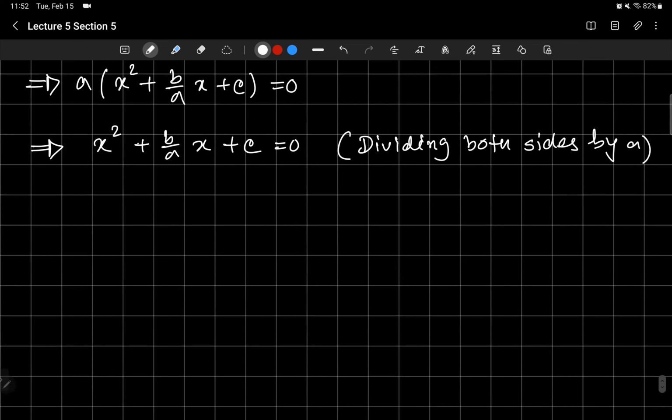Now, what are we really trying to achieve? Well, we know this nice formula. So what we are essentially trying to do is that we are trying to complete the square. This is another method that people use.